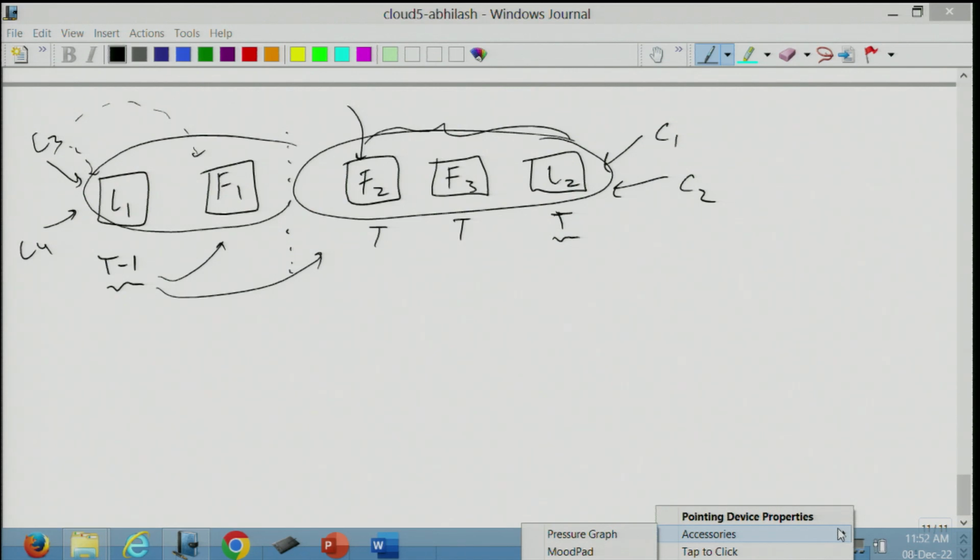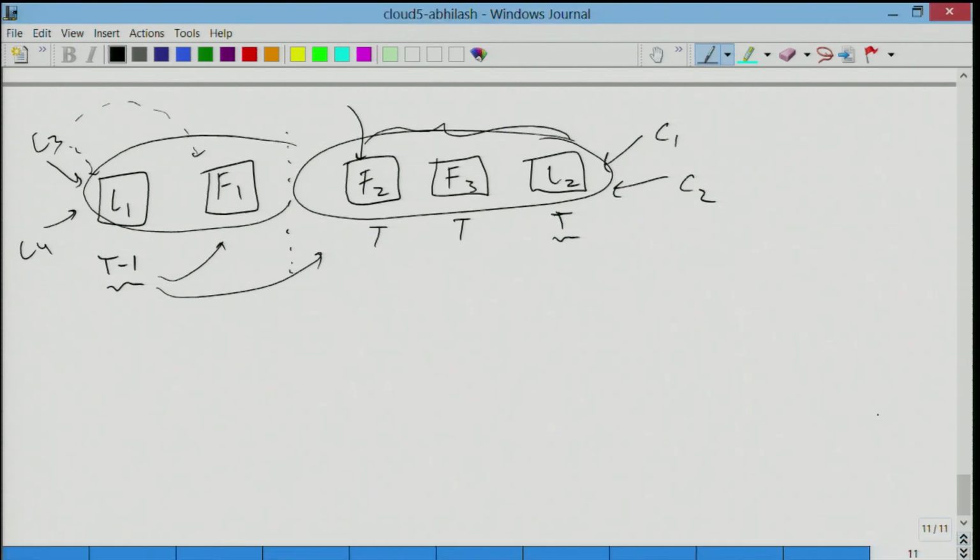What if the terms were split, like L1 and F1 were of term t, and F2, F3 and L2 had term t minus 1? So the question is, can this happen, that three replicas think that the term is t minus 1?